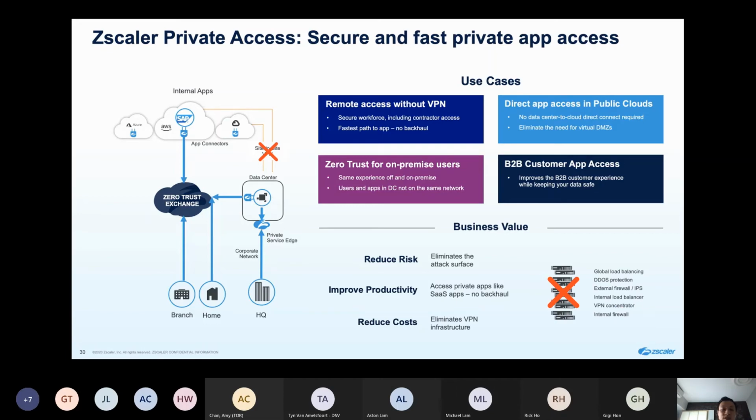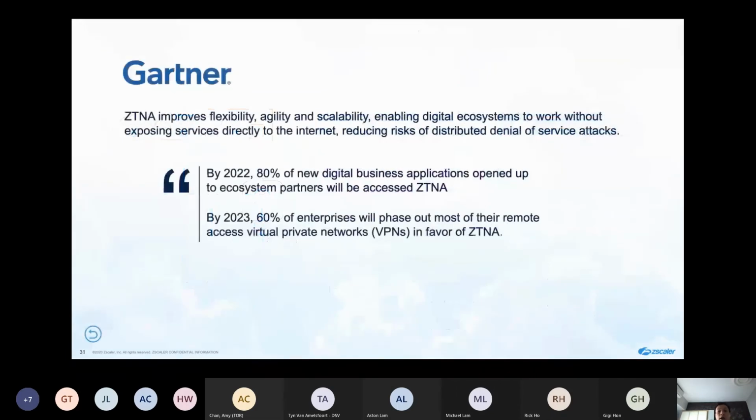This is the ZPA solution. It helps enterprises fulfill a lot of requirements from Gartner CTNA. If you have a plan to look for CTNA, this will be a right and perfect solution for you.